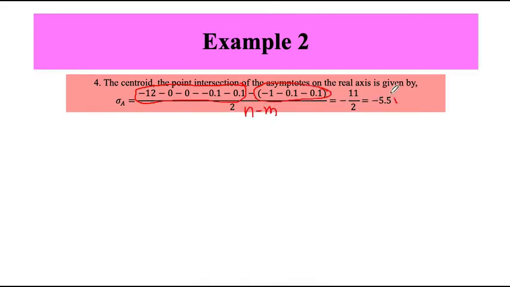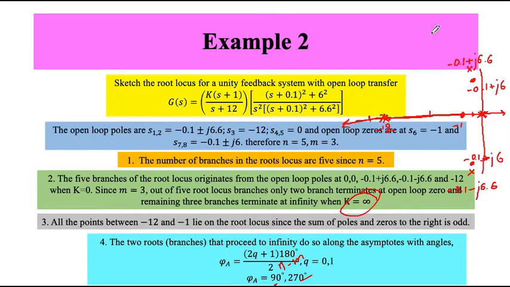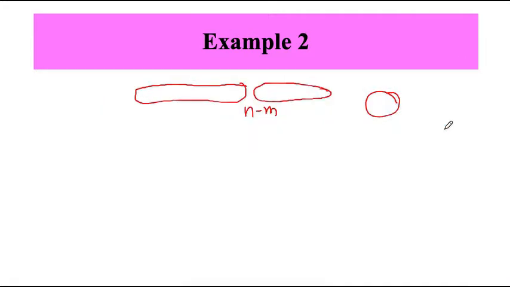So it is coming out to be minus 5.5 as the centroid. If you look at the last slide, my centroid is somewhere in between here. The asymptote angle is again positive 90 and minus 90 degrees. Okay, this is how my root locus will look.